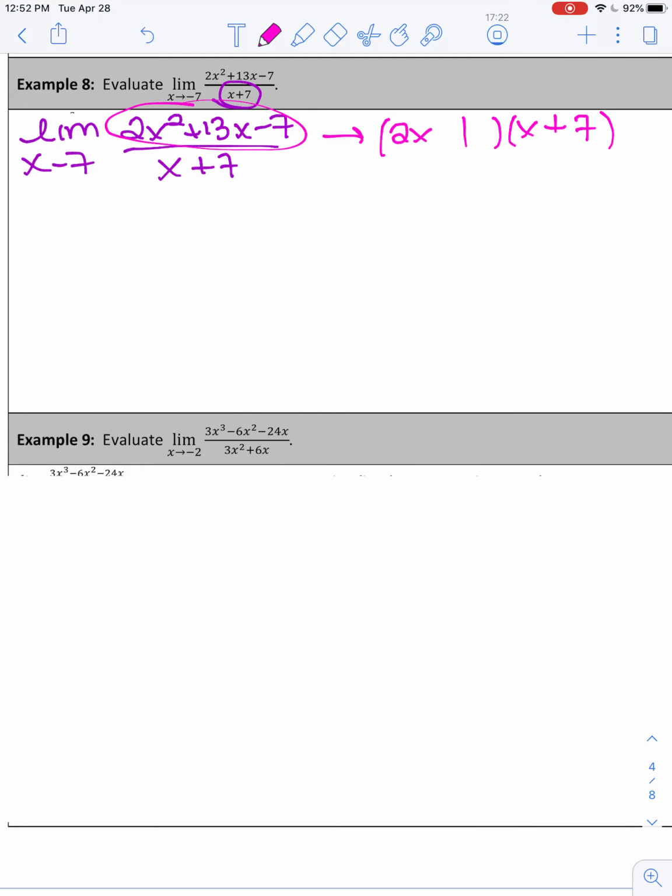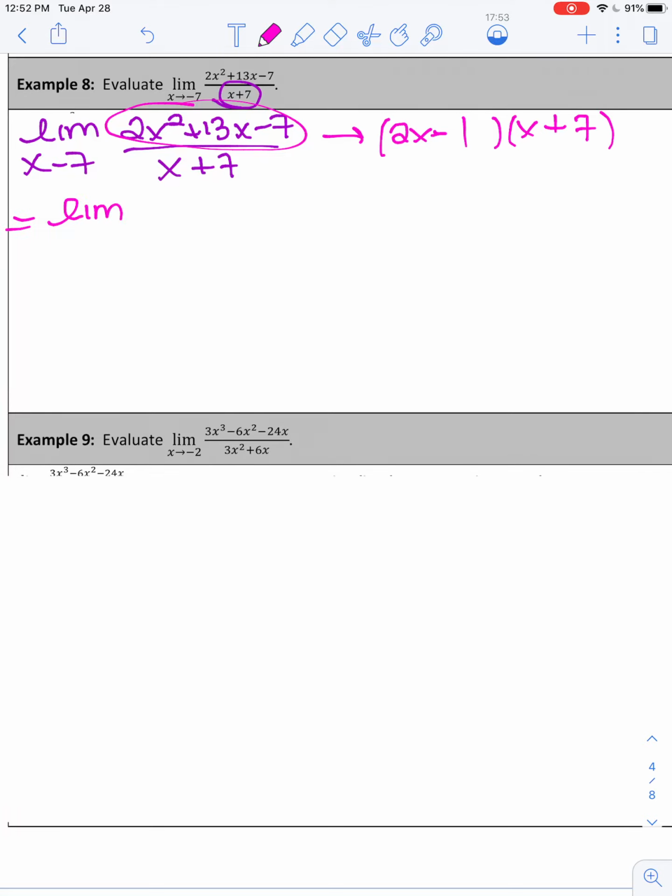I see that my quadratic is supposed to have a c value of negative 7. So thinking about how numbers behave when we multiply, I need to decide what symbol goes here. Is it plus or is it minus? If I were to FOIL this in one step, I would be taking 1 and 7 and multiplying them together, and I need that to be negative 7. So that tells me that a negative 1 needs to exist in this factor.